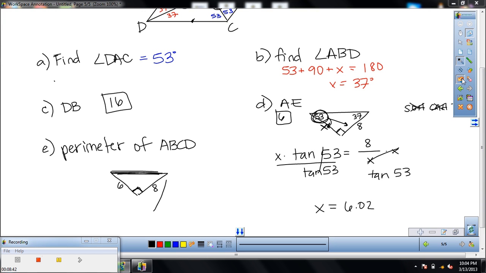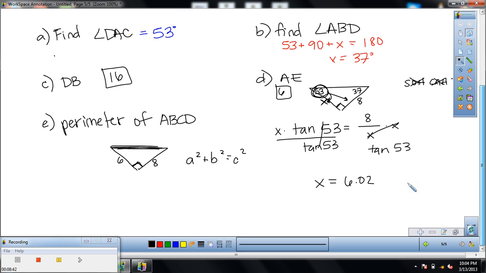Well, here we do have two sides, so if I need to, I can use a squared plus b squared equals c squared. Hopefully we recognize that this is a triple, but if not, we can calculate just as easily. 6 squared plus 8 squared equals c squared. 36 plus 64 equals c squared. 100 equals c squared.